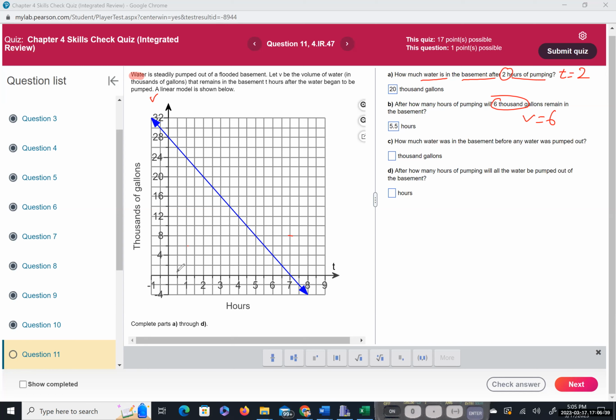So that means it's at 0 hours. You will look at this one, which is the V-intercept, which is 28,000 gallons. So 28.